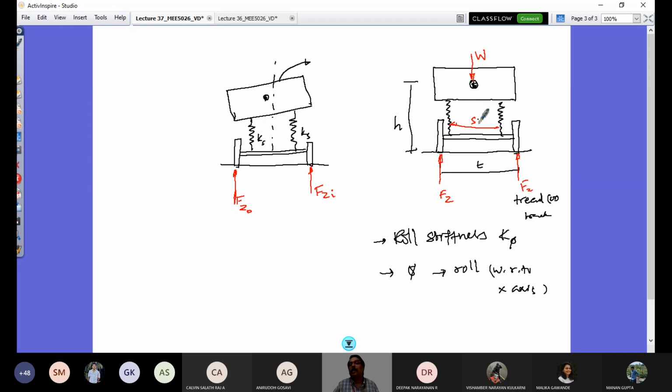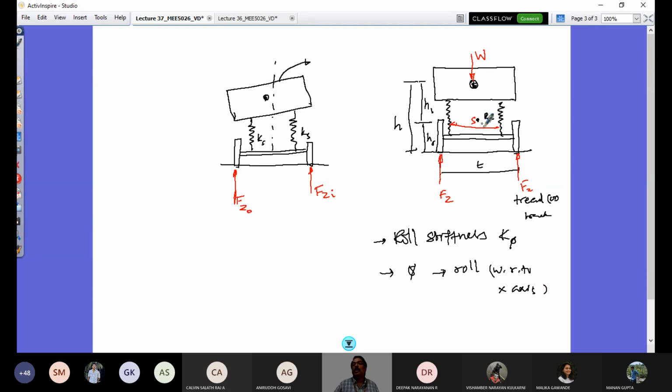One is in between, at a point called the roll center, RC. The height of this roll center is given by HR, and from here the remaining one is H1.